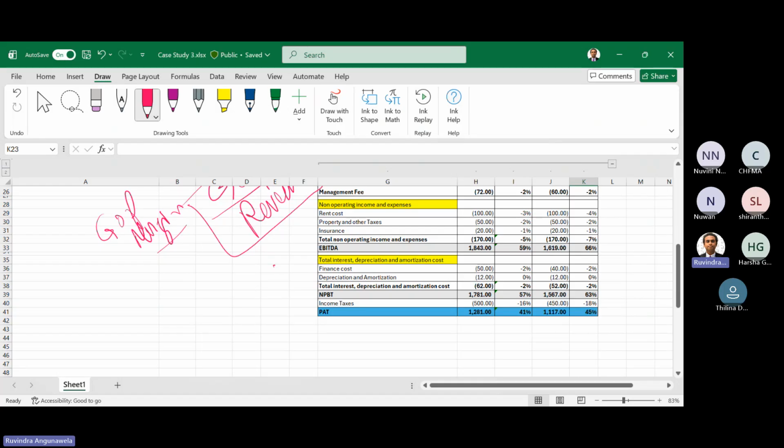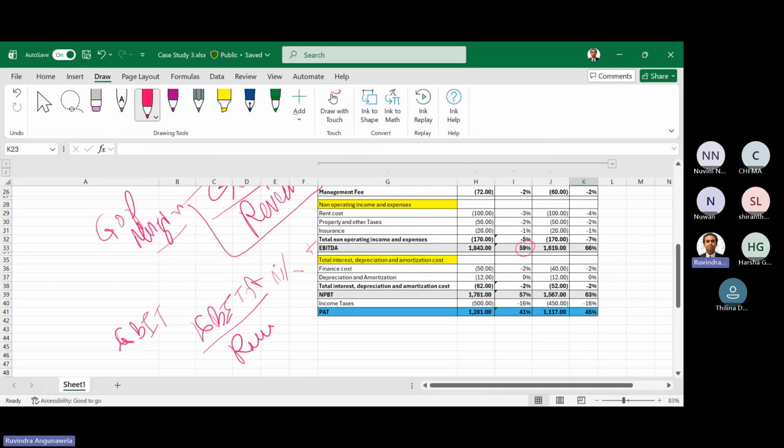And then we have our EBITDA, the earnings before interest, tax, depreciation, and amortization, which is 1.8 billion, which is a 59%. Again, when EBITDA is shown as a percentage of total revenue, it is called the EBITDA margin.